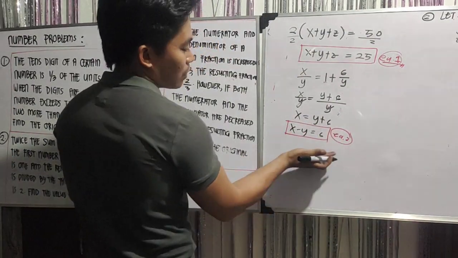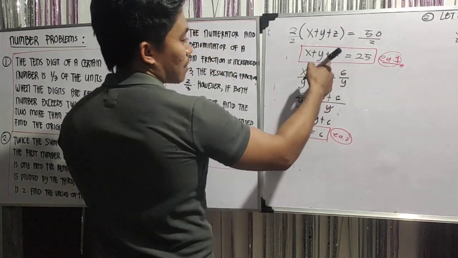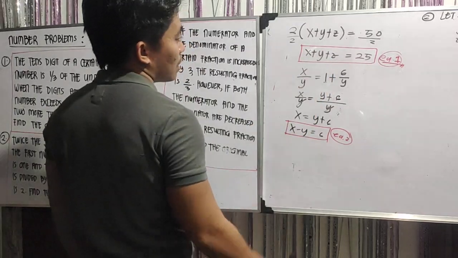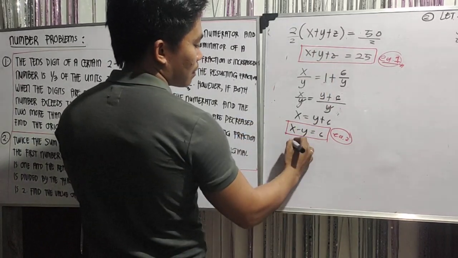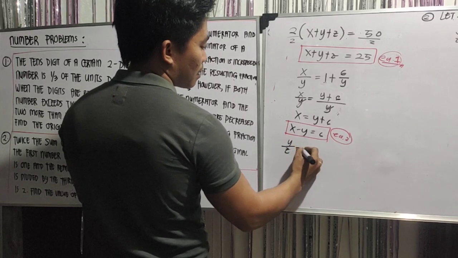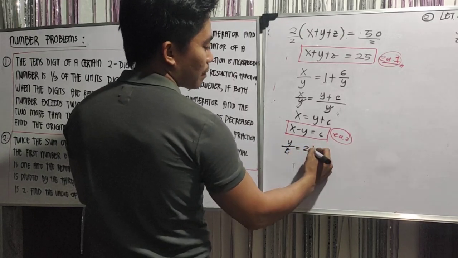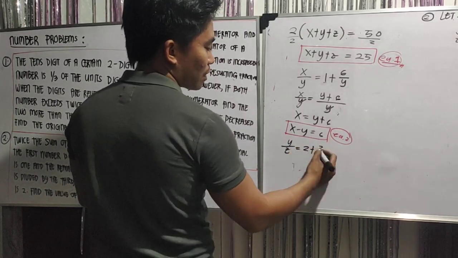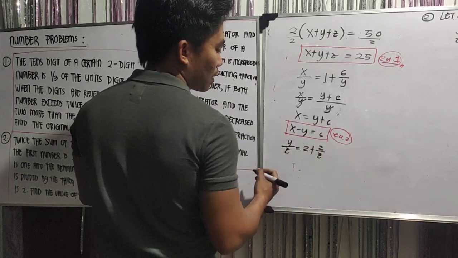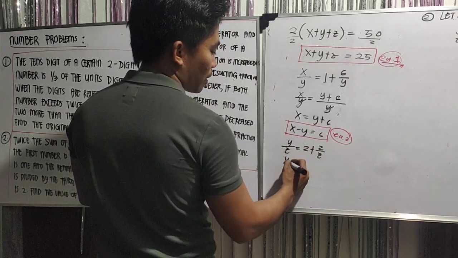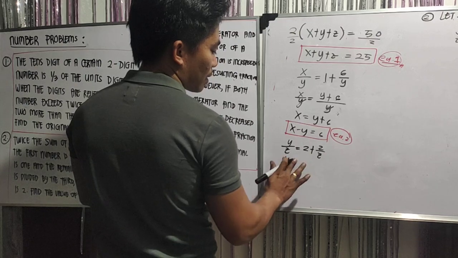So, for equation 3, anong gagawin? If the second number is divided by the third number, the quotient daw is 2, but may remainder ka rin na 2. So, of course, that is just simply 2 over z. So, in short, y over z is simply what?